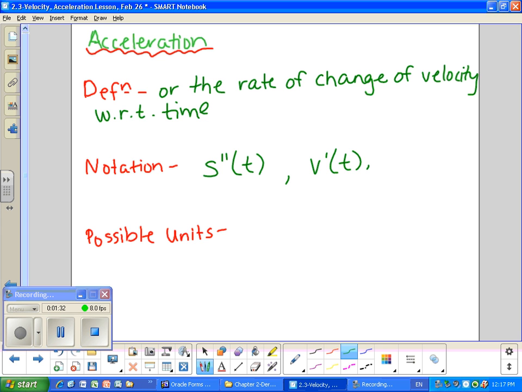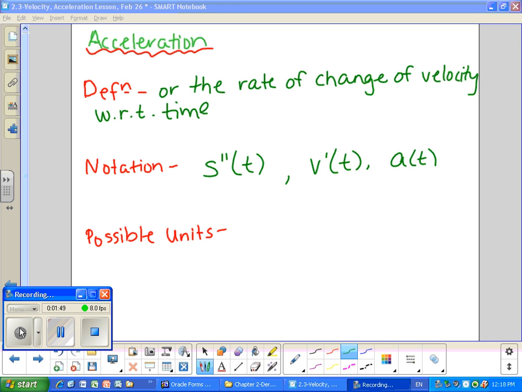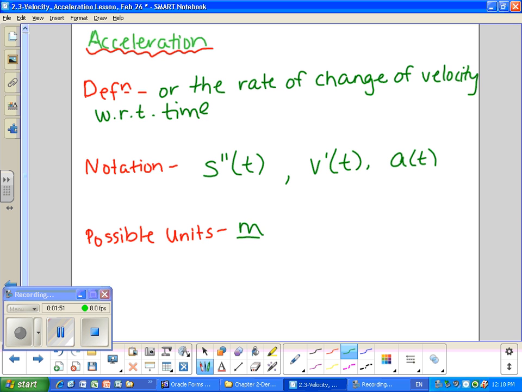The function before was velocity, which is the derivative of the displacement. Again, if you see acceleration over time, you need to be aware that means finding the derivative of the displacement, then the derivative of the velocity. And the possible units, because it's still over time, would be meters per second squared.